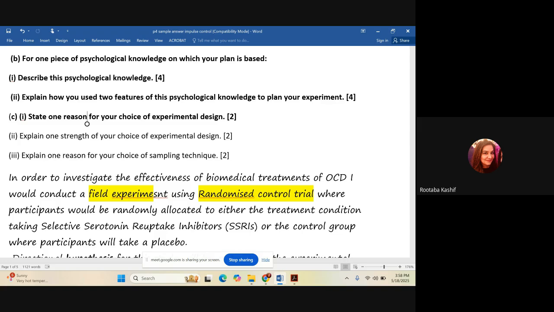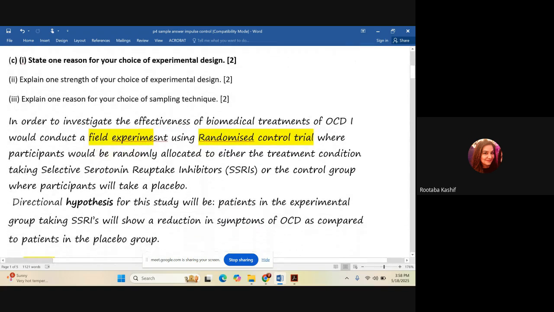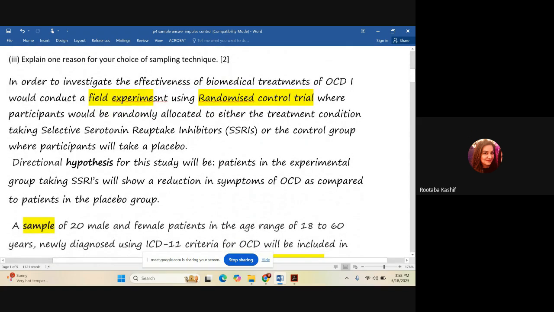But for the strength of the experimental design, I think you have to look through your book and see which other strength you want to write. Sampling technique, if you're saying volunteer sampling technique, why are you using volunteer sampling technique? Give one reason for it. So again, whenever you have to write a reason, I would suggest compare.